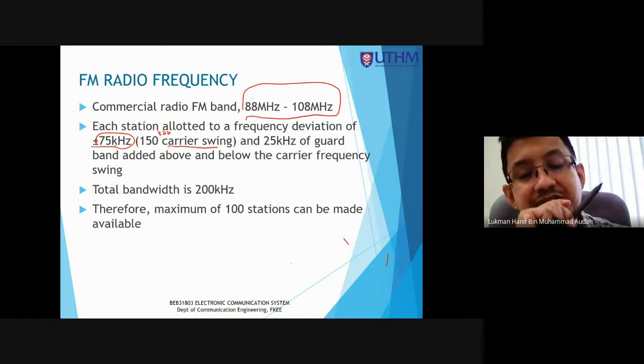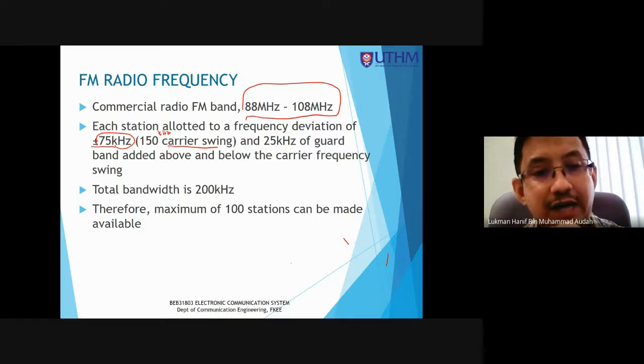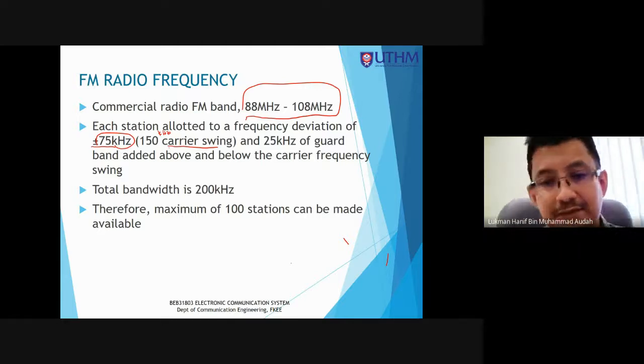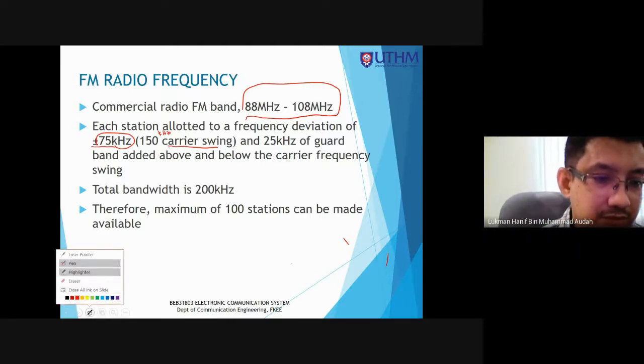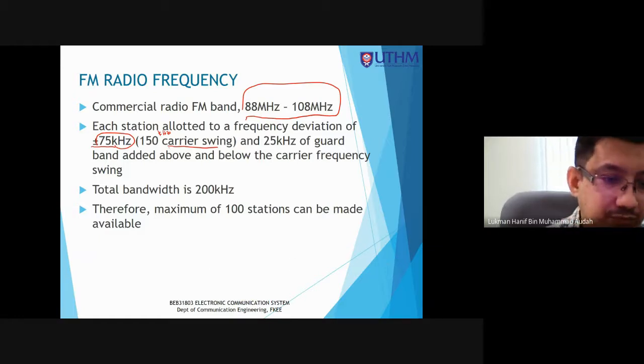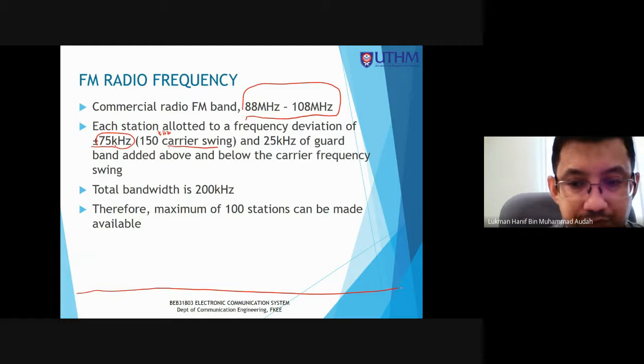And an additional 25 kHz of guard band above and below. So macam mana bentuk dia? So kita lihat sekejap. So let's say I draw this. Saya nak tunjukkan macam mana bentuknya.